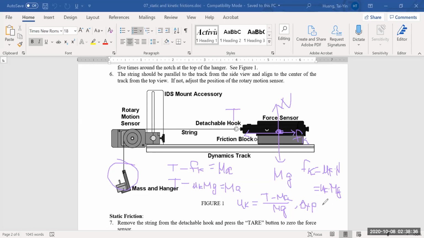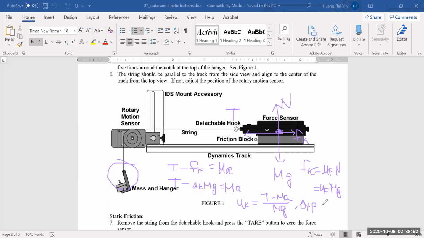So you can calculate this experimental value. So make sure that when you do calculations, everything has to be in SI units. If you're not in the SI unit, you're going to get a huge error because you're just using the wrong units.